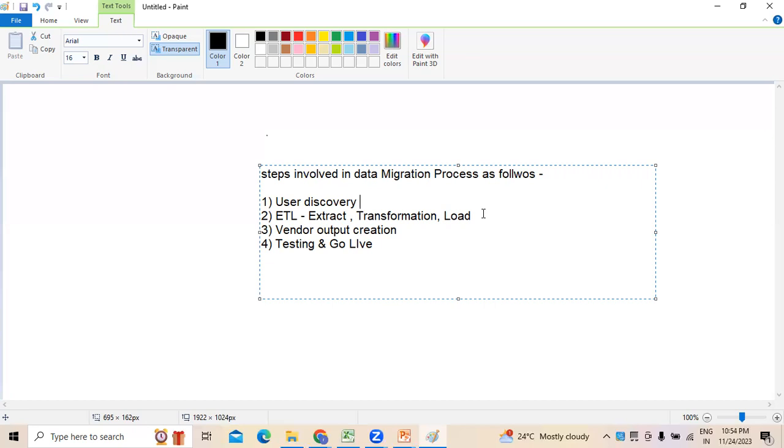In continuation of that, arranging the final extract and processing to go live.